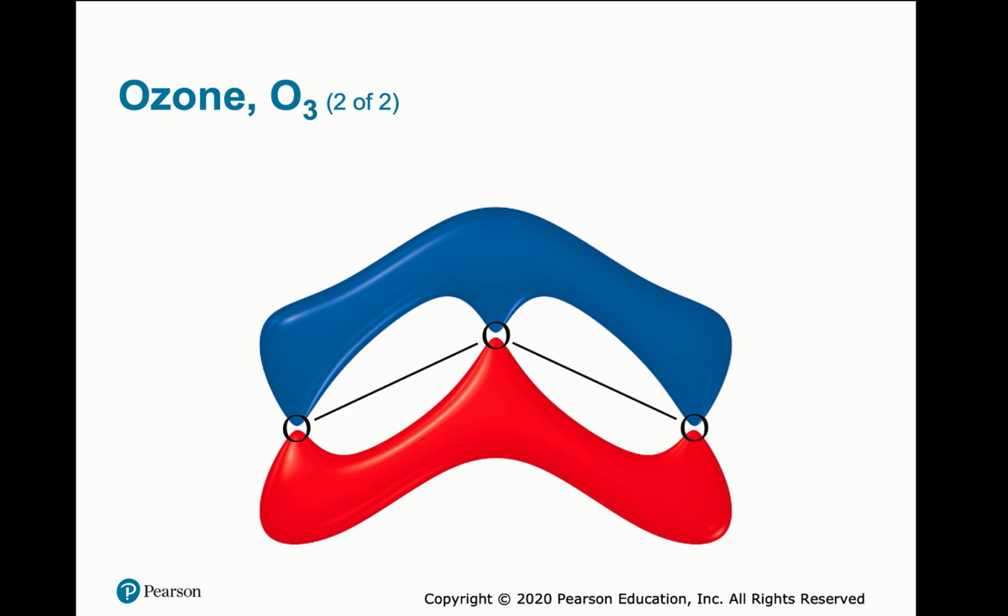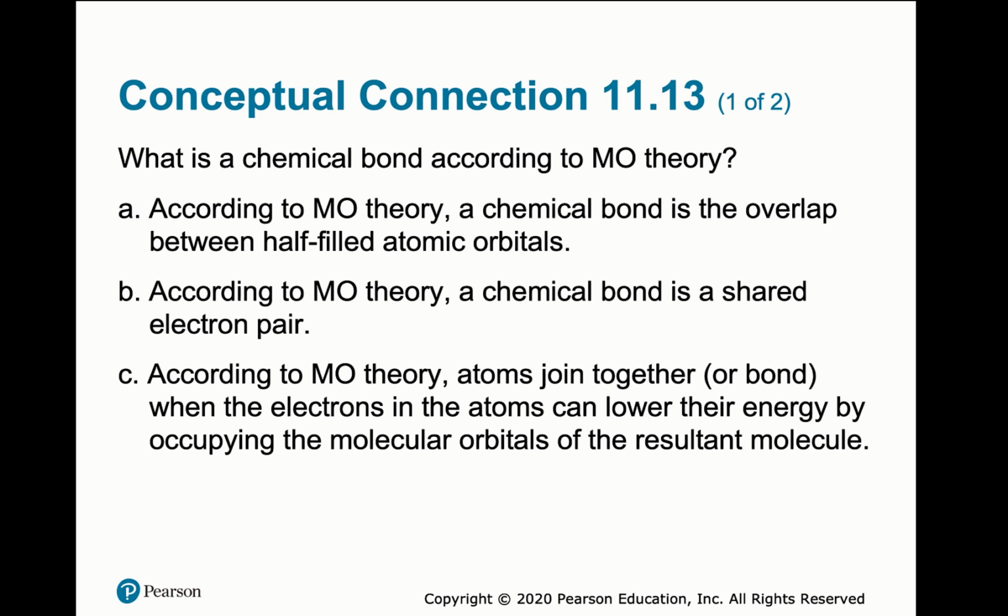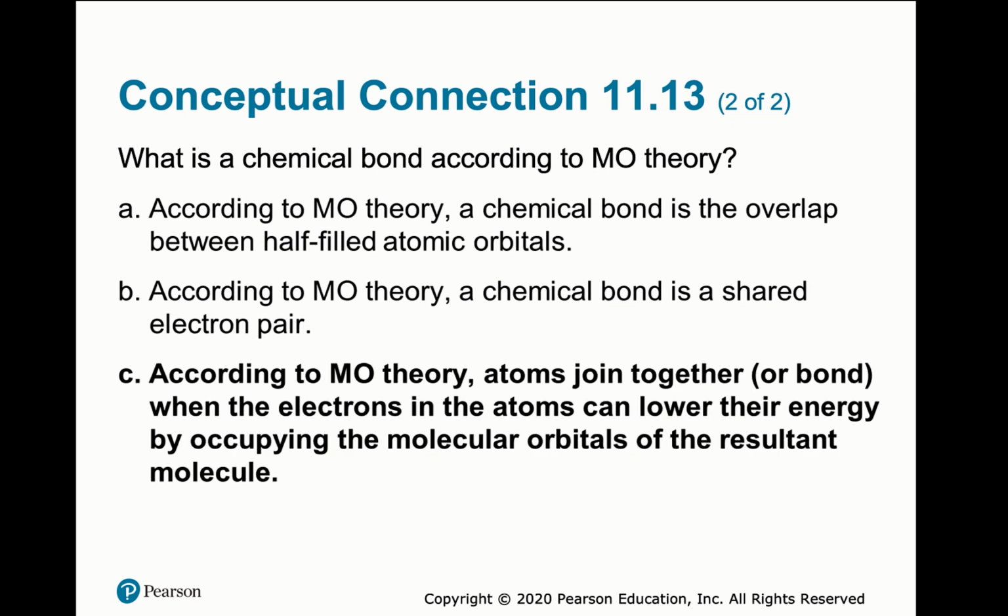But this is what you have in ozone, and you have an even split with these bonds, and it has to do with the overlap between the molecular orbitals as seen there. And what is a chemical bond according to molecular orbital theory? According to molecular orbital theory, when atoms join together or bond, electrons in the atom can lower their energy by occupying molecular orbitals of the resultant molecule. And that is the real reason why things bond.